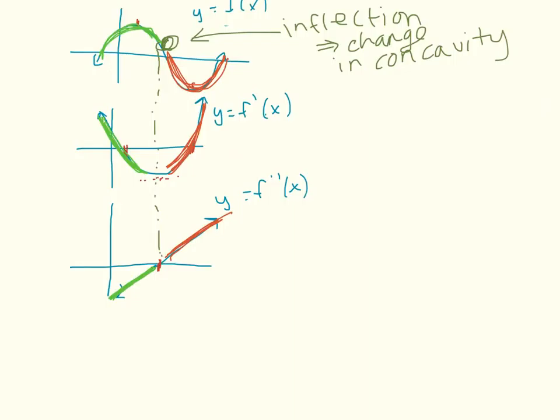So because of this relationship, when you're concave down and your derivative is decreasing, it creates a negative slope or a decreasing curve here, which creates a negative curve here. And when you're concave up, your derivative's increasing, which creates a positive slope here, which creates a positive line there. Hopefully you notice that at your inflection point, your second derivative changed signs.